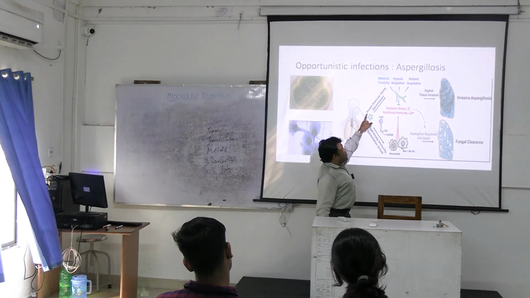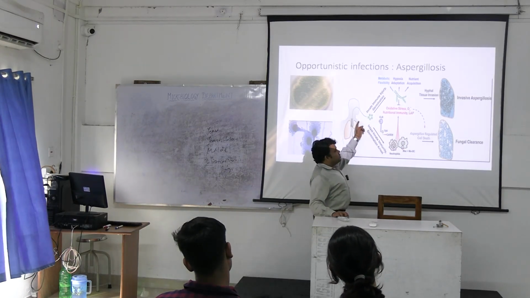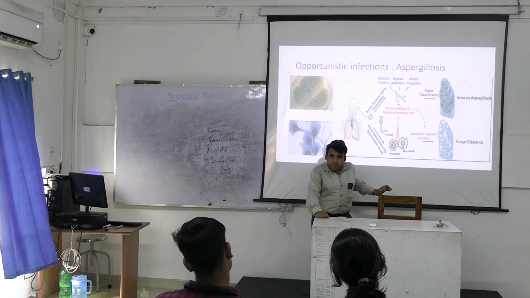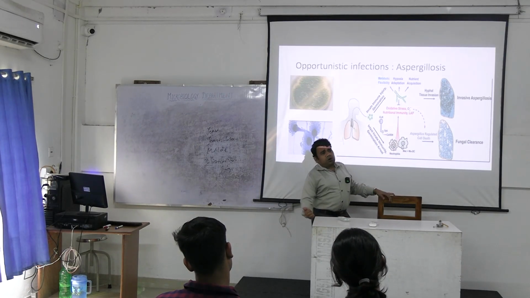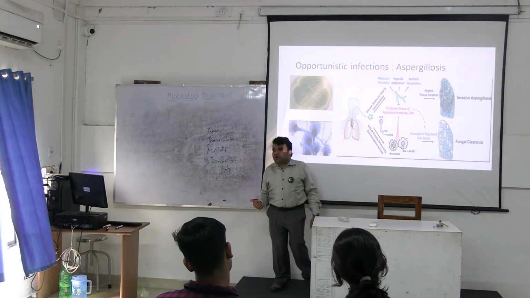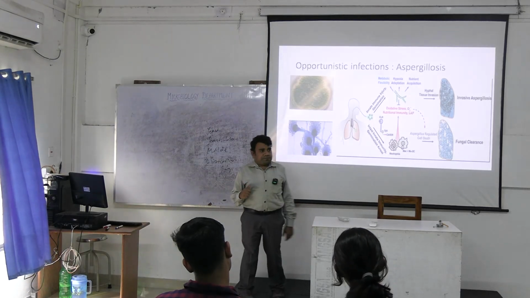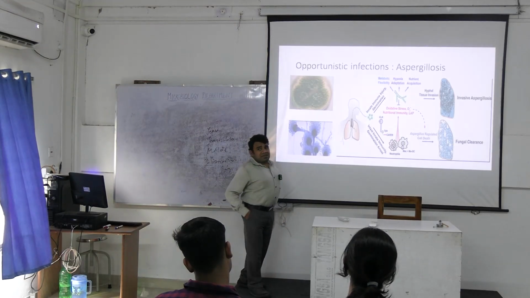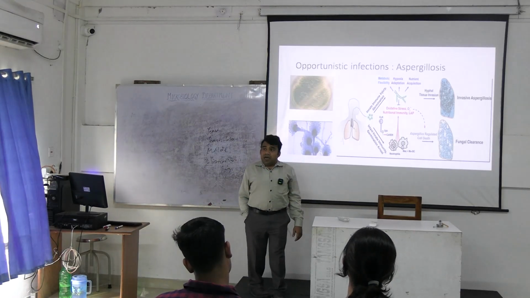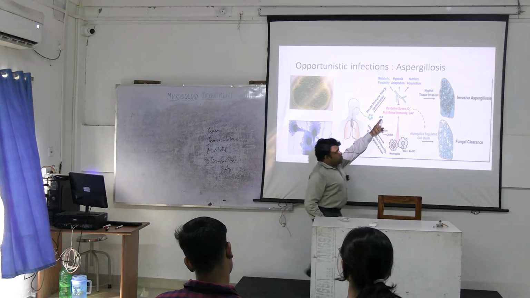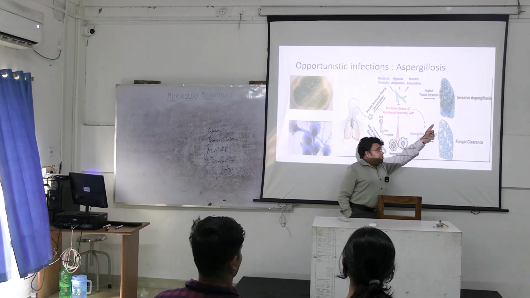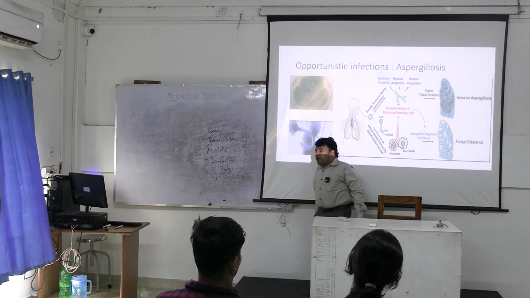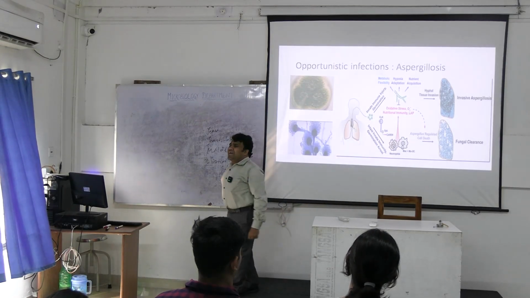Now, if the patient has a compromised immune system, the macrophages and neutrophils would not be able to destroy the spore. Now, this spore is getting a very good environment to grow in the human body, and it will start to grow and form this kind of structure called a hyphal structure, and there it will start to proliferate. It may proliferate in a single area or throughout the lung. Then we call it pulmonary aspergillosis.